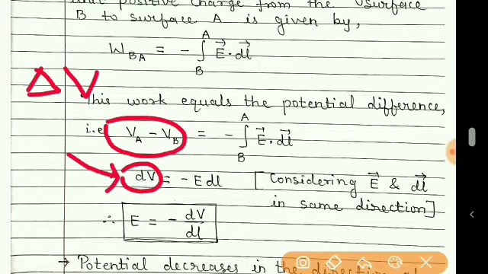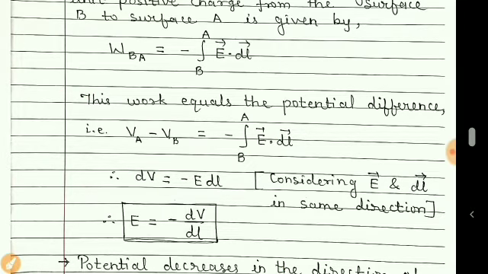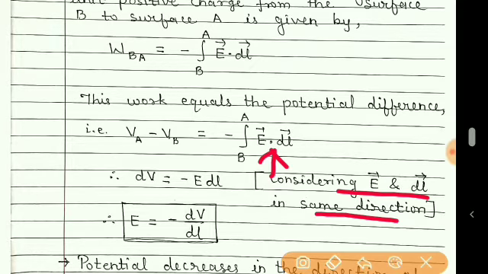As the electric field is constant, it stays as it is, but the displacement should be very small, because for a very small displacement the change in potential is also very small. Also, there is a dot product between the electric field and displacement, but they are in the same direction, so we have removed the dot product.